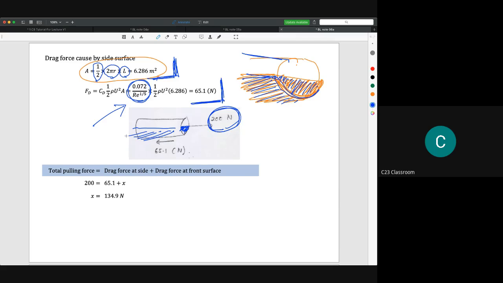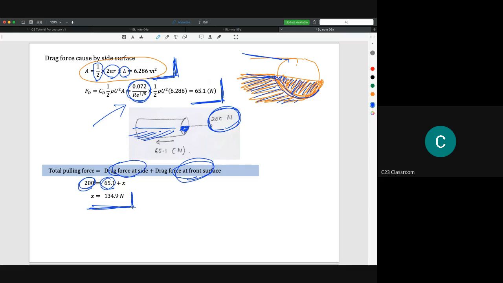So the force due to the boundary layer plus the force at the front surface will give us 200. If the force from the boundary layer is 65.1, then the force due to the front surface is 134.9 newtons.